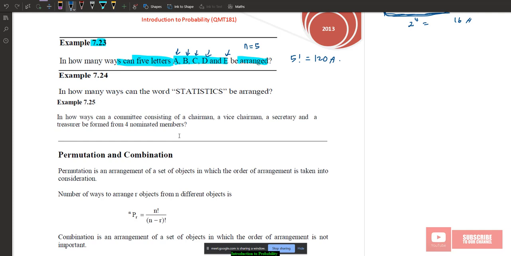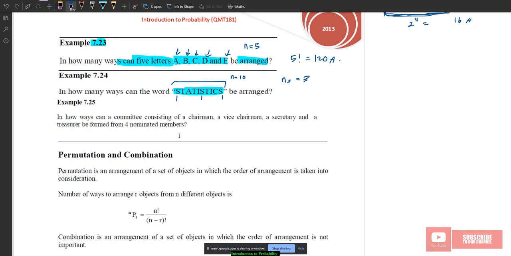So now look at example number 7.24. In how many ways can the word statistic be rearranged, right? So the word statistics, you have n equal to 10. You have 10 letters, right? For the number of letter S, you have basically 1, 2, 3.